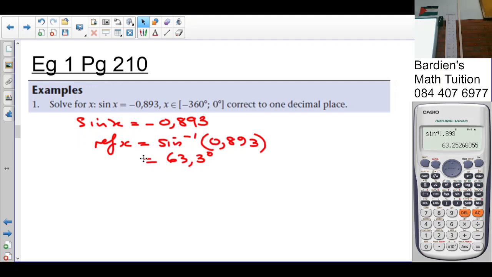So that's the second note. The third note is now we check in which quadrant sign will be negative.